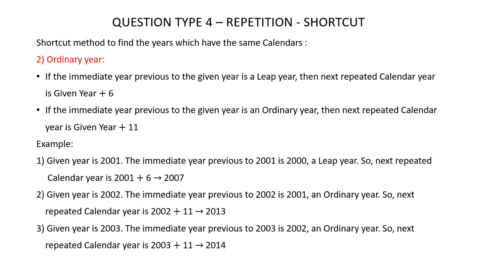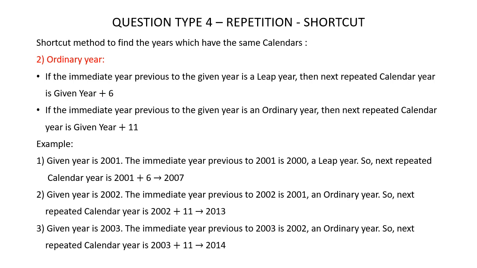So for the shortcut method, just remember that if the given year is an ordinary year, then look at the immediate year previous to the given year. If the immediate year previous to the given year is a leap year, then the repeated calendar year would be given year plus 6.